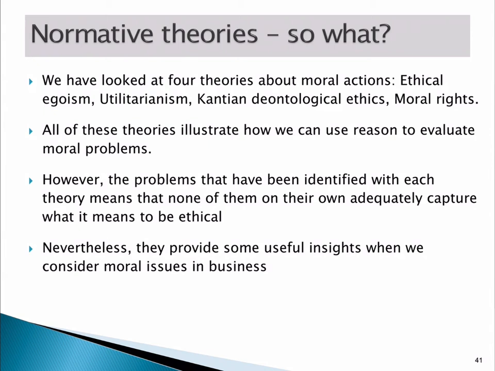We generally use a mix of these approaches when we're making an ethical decision. That's what's called a pluralist test, where we're using more than one approach to help us work out how to make the ethical or moral decision. So all of these approaches provide useful insights into the problems of making a moral decision in a business setting.